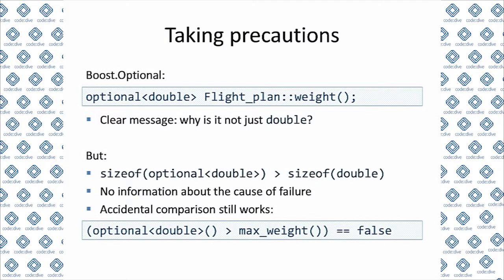And the most surprising thing is that it doesn't solve our problem either. If we forget to check whether this optional is initialized, and we just apply the comparison, it so happens, the way the optional is defined, that this comparison still works and still gives us the wrong results. It will still say that you are good to fly.